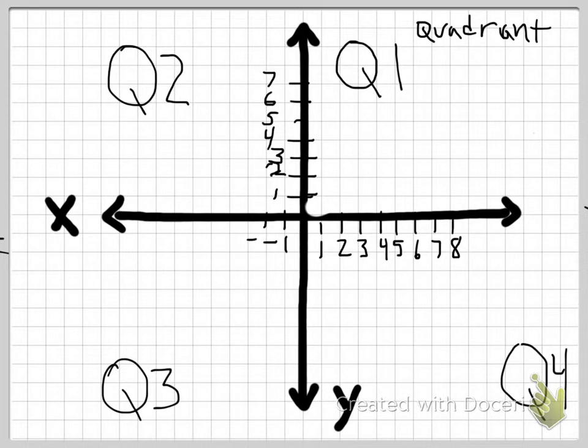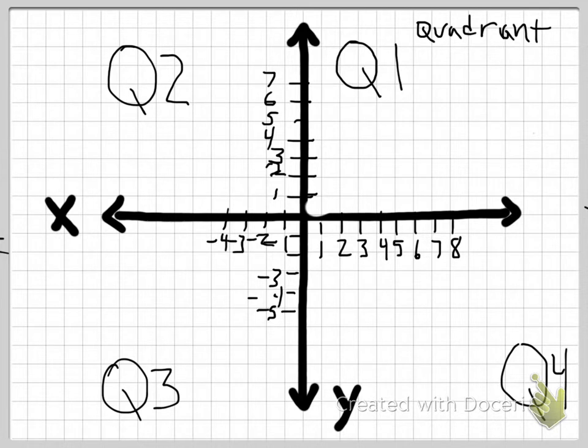And then I would have negative 2, negative 3, negative 4, and so on. The same would be true moving below the origin for the y-axis. This point would be negative 1. I'm just not writing it because it's too crowded here. Negative 2, I'll write this one. Negative 3, negative 4, negative 5, and so on.